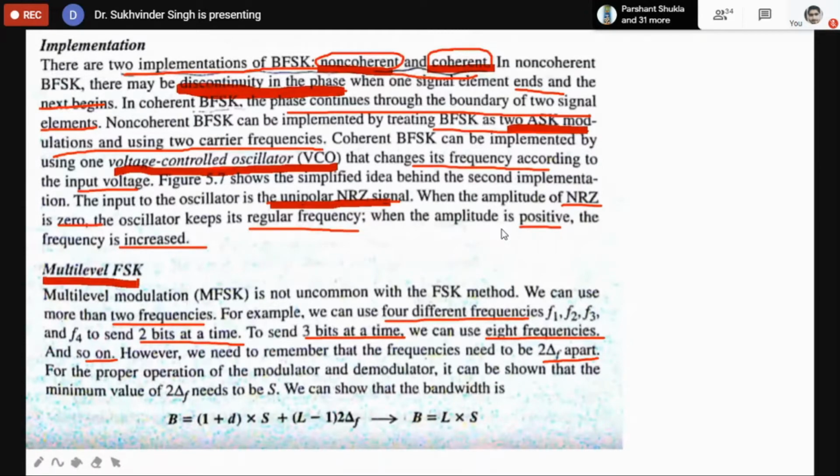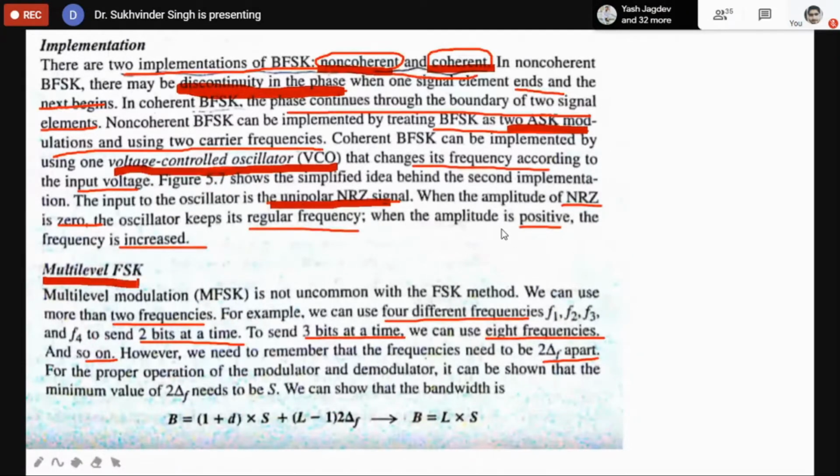Suppose we have 3 bits at a time, 4 bits at a time, and so on. If we have 1 bit at a time, one frequency is sufficient to represent 1 bit at a time. If we have 2 bits at a time, then we must have 2 raised to power 2 frequencies to represent those bits.